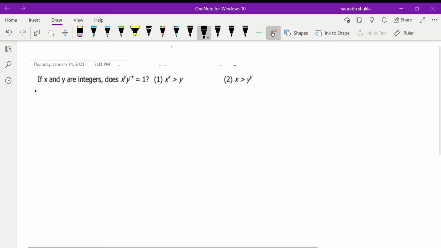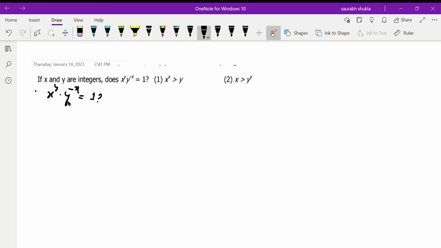It says x raised to y into y raised to minus x is equal to 1. Since nothing much is given in the question stem, let us try and simplify this question.